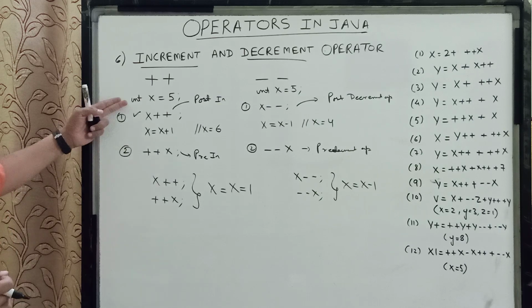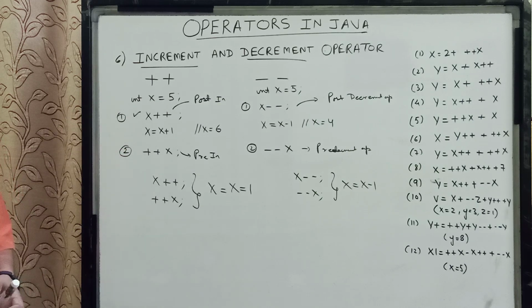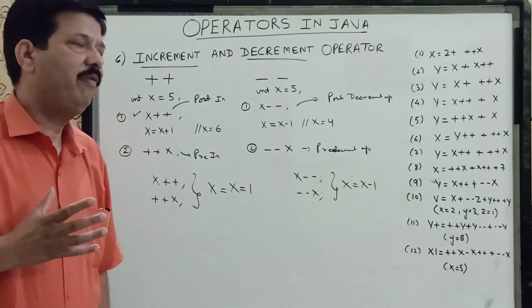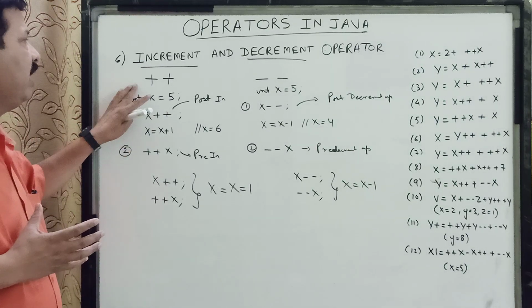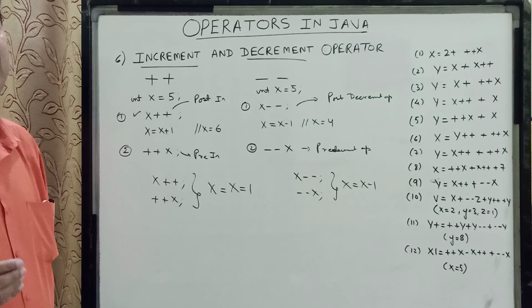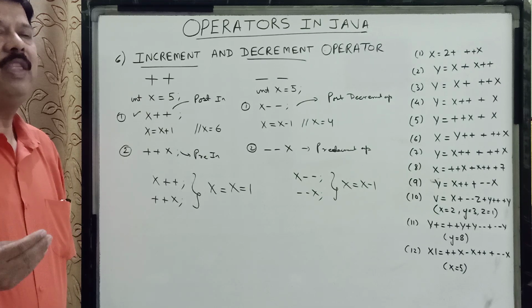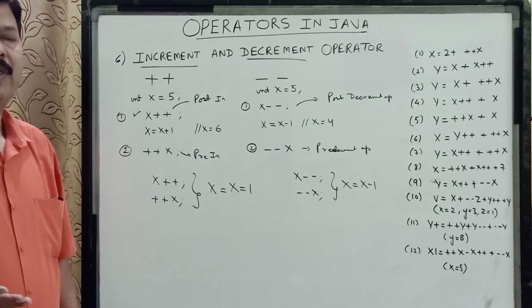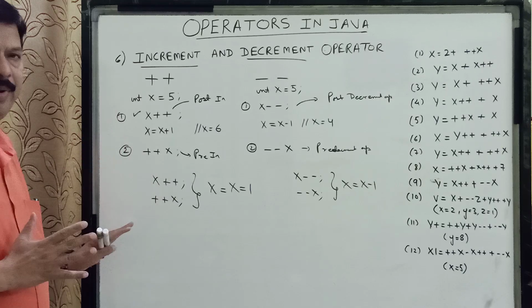Now children, what is the basic difference between a post increment and a pre-increment, or post decrement and a pre-decrement, that we have to follow very well. Now children, when we are using this increment or decrement operator with a print statement or with an expression, then they behave separately.